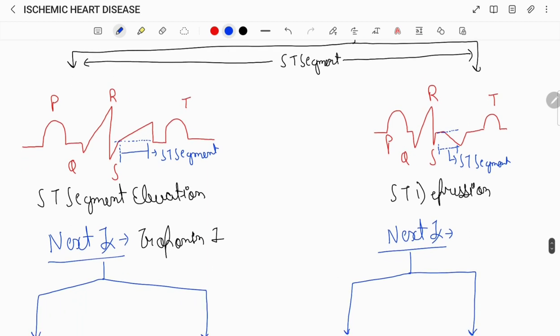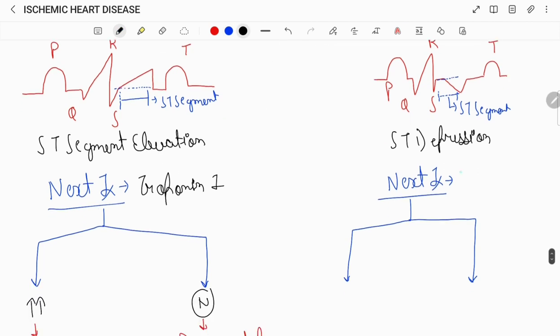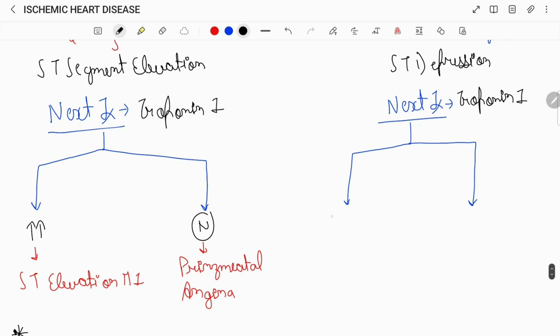Again, if you see ST depression, then the next investigation that you will perform in this case will also be troponin I levels. If you see that the troponin I levels are elevated, then your diagnosis would be non-ST elevation myocardial infarction.